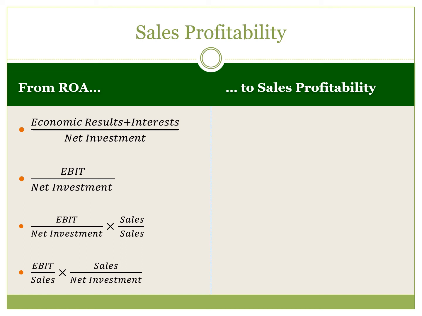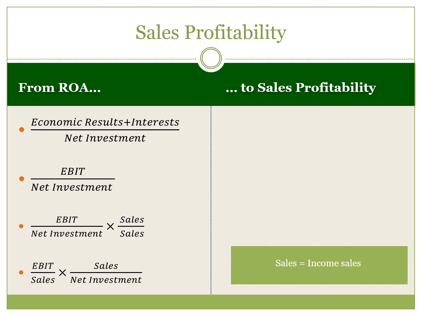Since we're multiplying, the order of the things you multiply does not change the final result. So at the end, we're going to have the EBIT divided by sales multiplied by sales divided by net investment.